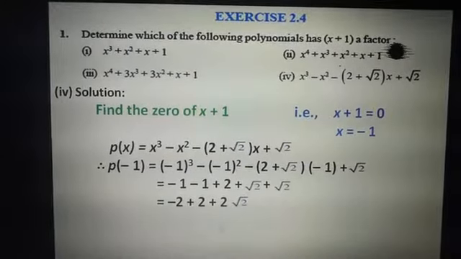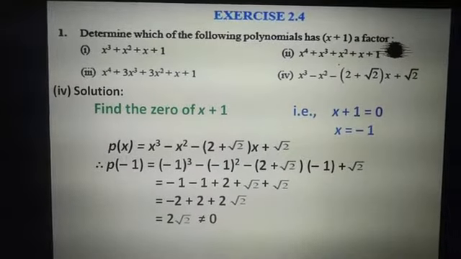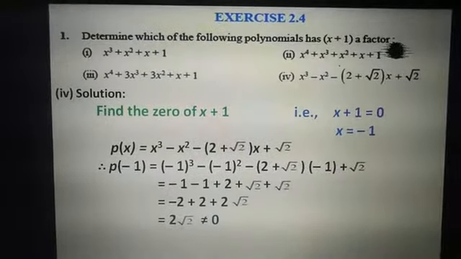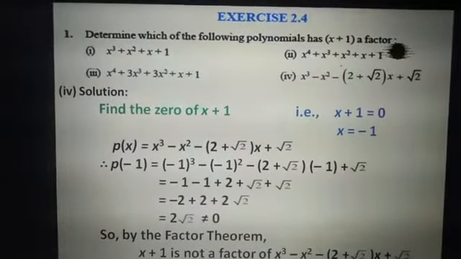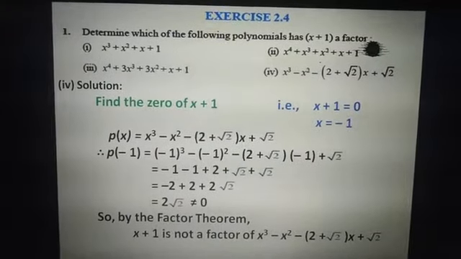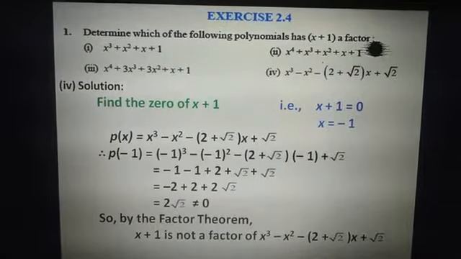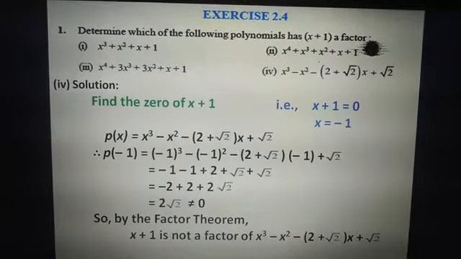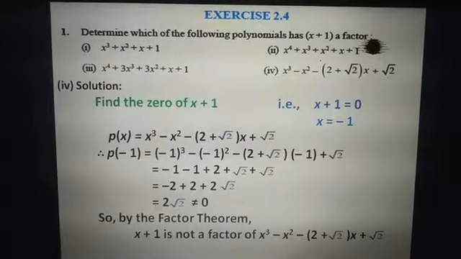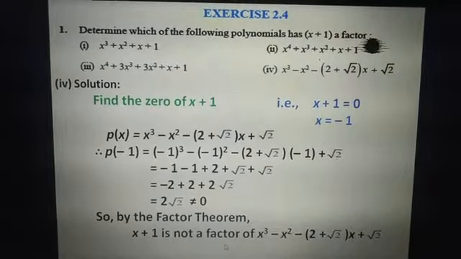Here minus 2 plus 2 will get cancelled and the answer is 2 root 2. So 2 root 2 is not equal to 0. So by the factor theorem, x plus 1 is not a factor of x cube minus x squared minus 2 plus root 2 into x plus root 2. Why? Because here the remainder is not equal to 0. Therefore, x plus 1 is not a factor.